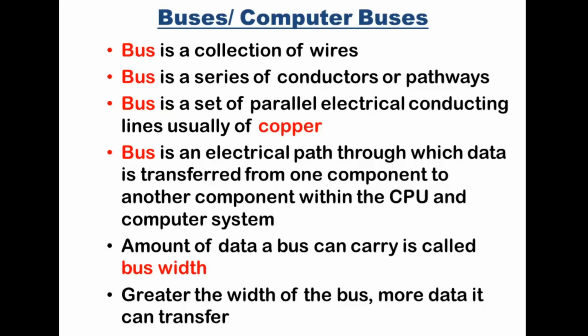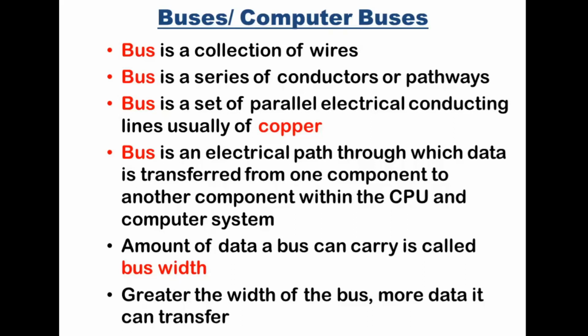So bus is an electrical path through which data is transferred from one component to another component within the CPU and computer system. So basically when we want to transfer the data or the instruction from one component to another, we require some connection between these two components.